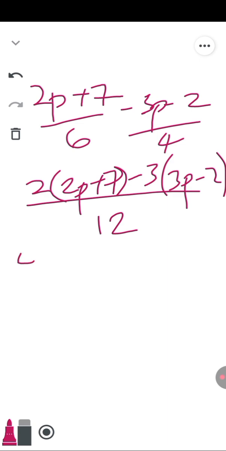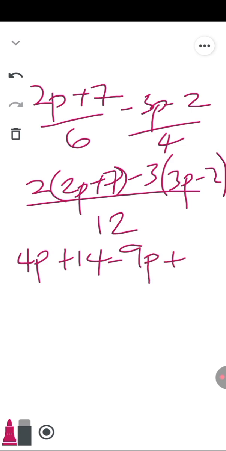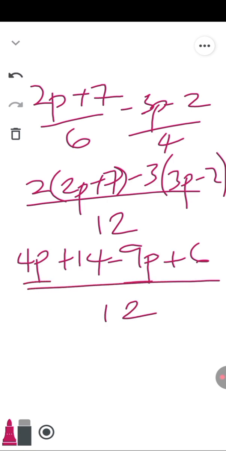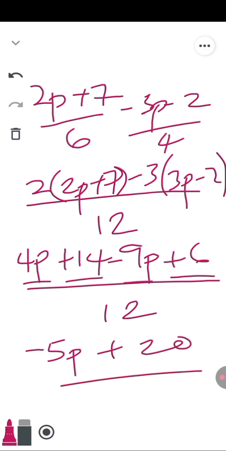That's 4p plus 14 minus 9p plus 6, over 12. Now let's pick these. What is 4p minus 9p? That's minus 5p. What is 14 plus 6? That's plus 20, over 12. Is that okay now?